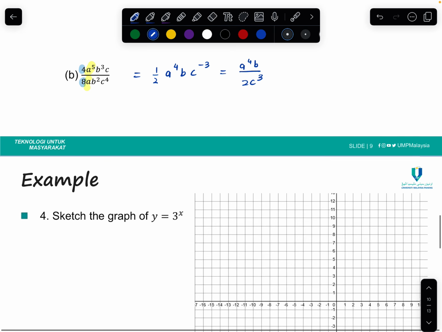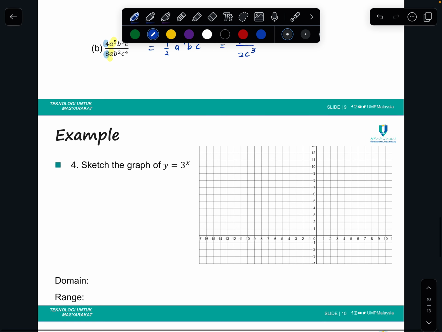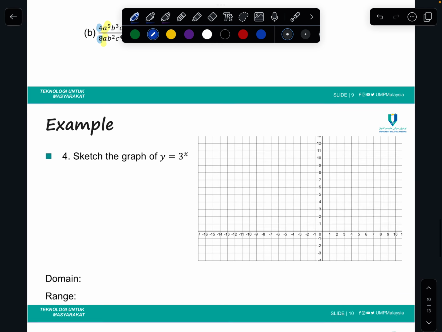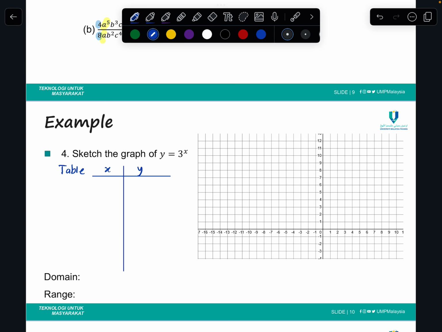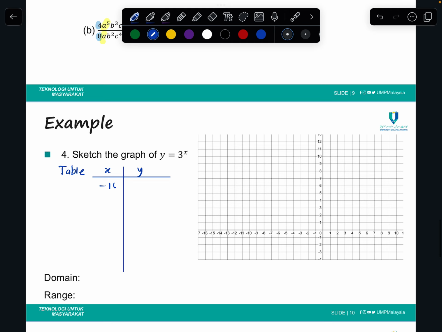Okay, now number 4, how to sketch the graph of an exponent. How to sketch is by using a table. By using a table, you need to insert some values of x and the corresponding values of y. Let's take some negative values. I start with negative 10, negative 1, 0, 1, 2, 3.